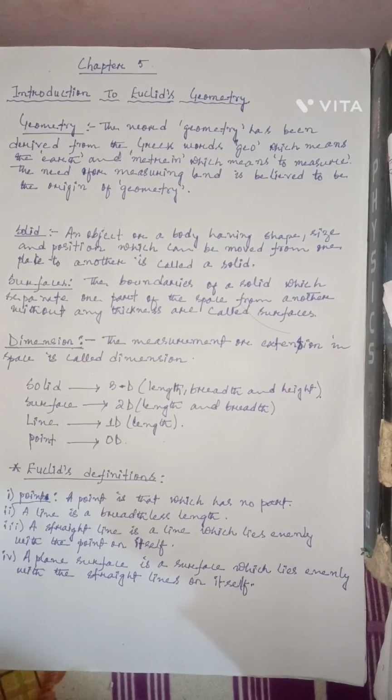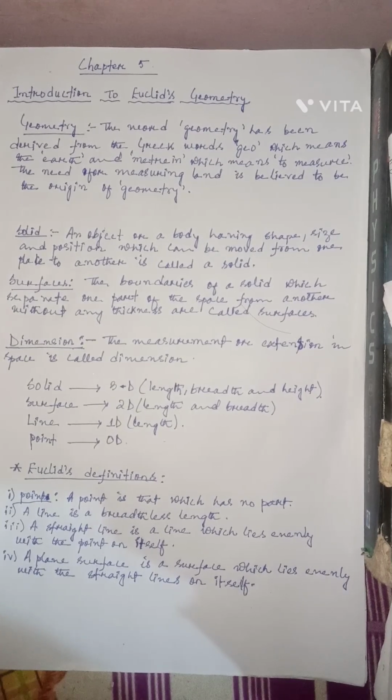Then let us move to the next, which is dimension. If it is about dimensions, then we can say that dimension means the measurements or extensions in space. Means if we place an object or a thing in a space, then some of them have 2D and some of them have 3D.